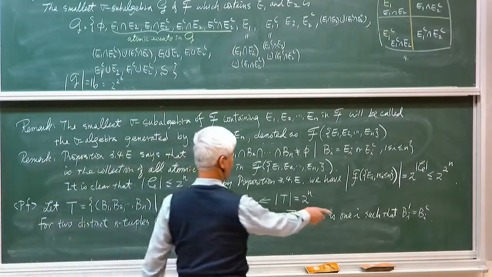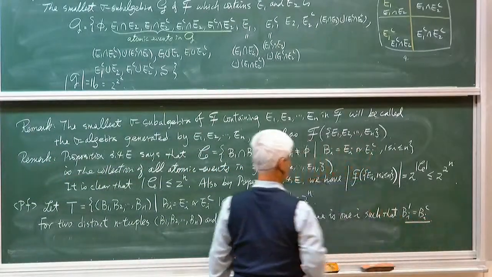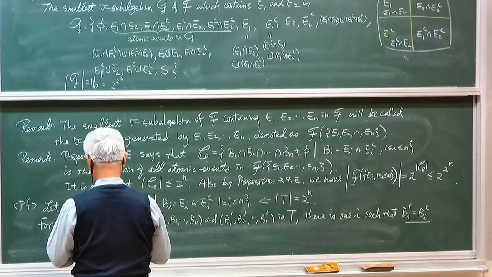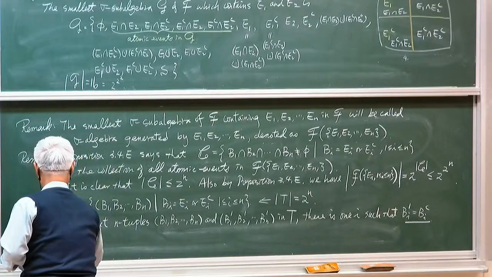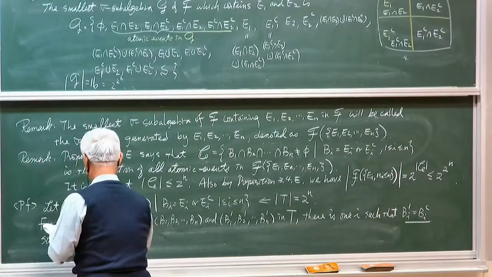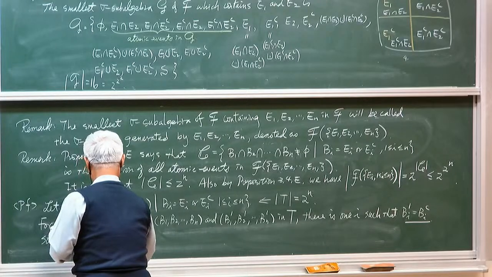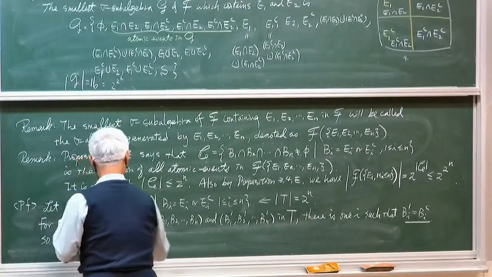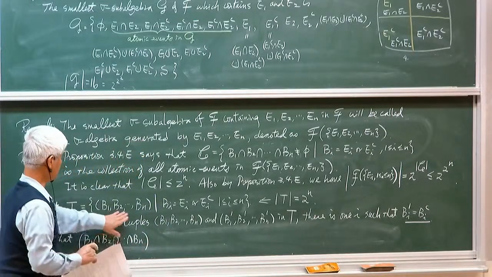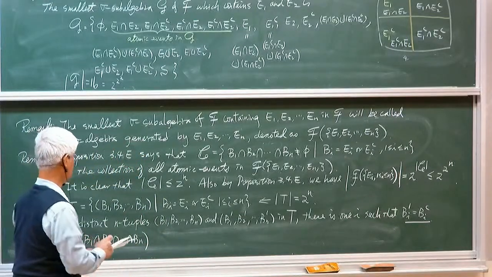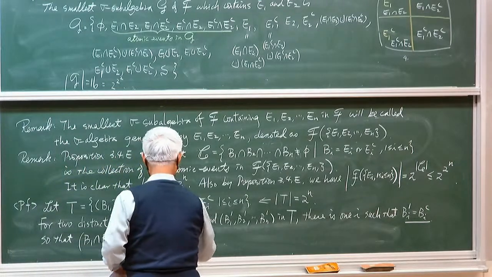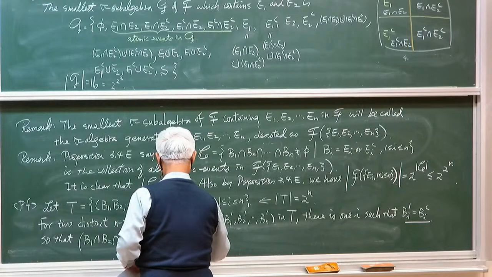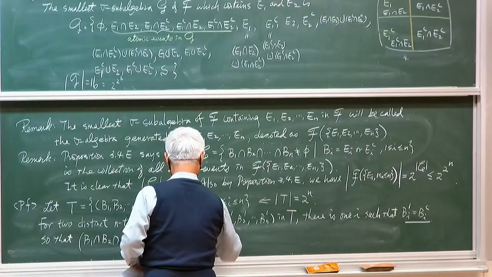So we have this important fact: if we take the intersection of these n components and the intersection of the n components B1 prime, B2 prime up to Bn prime.